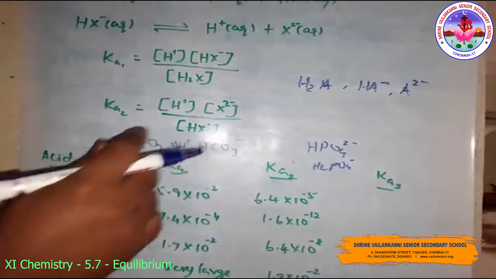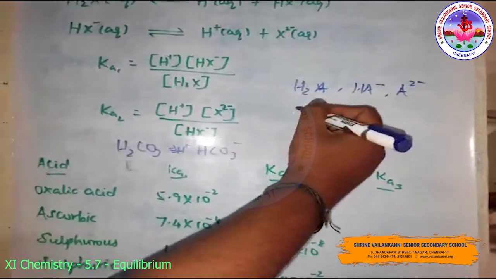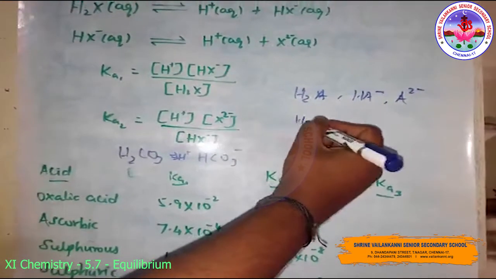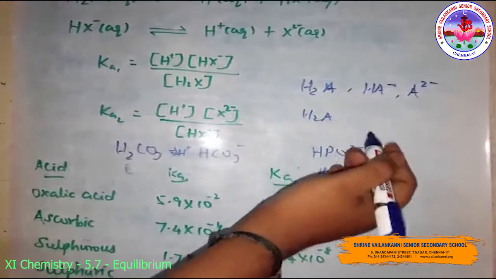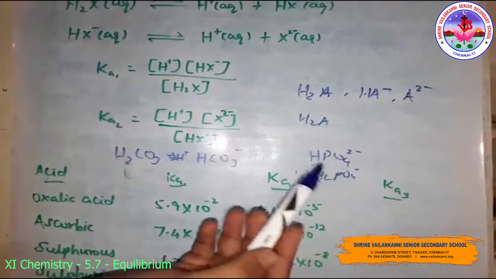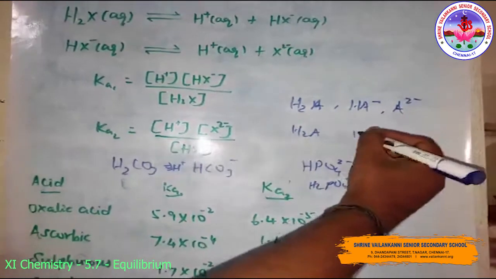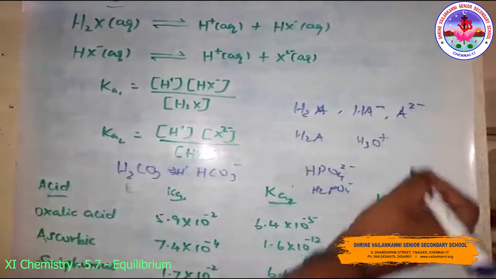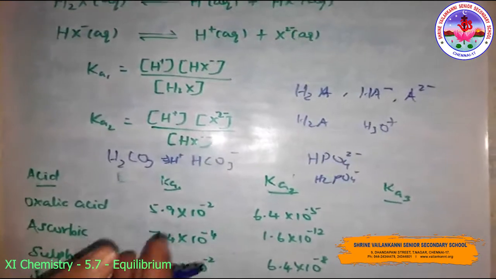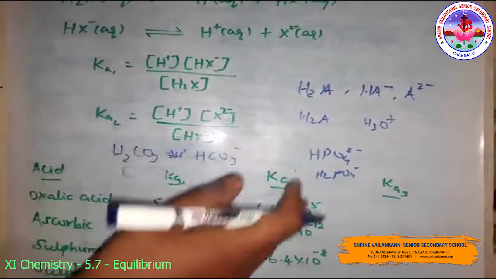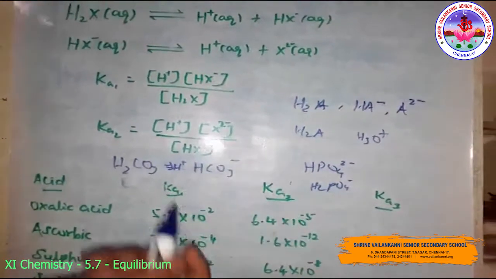In the case of a diprotic acid H2A, the primary reactions involve the dissociation of H2A and the H3O plus hydronium ion. The H3O plus in solution comes mainly from the first dissociation step.